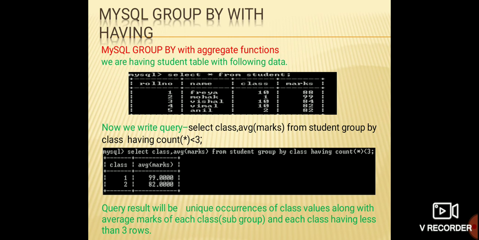You can see specifically that in class 1 only one data is there, so I have applied only one data. In class 2 only one data is there, so I have applied only one data. But in class 10 you can see there are 3 datas. So as per the condition I could not take 3 data, so it will not be applied in this.